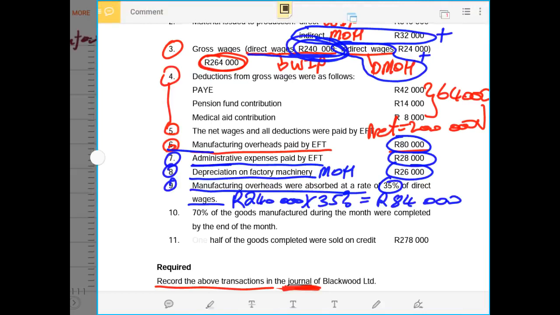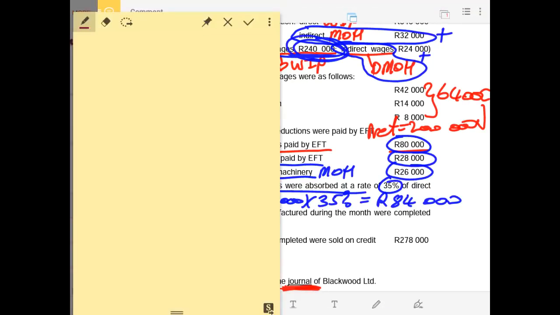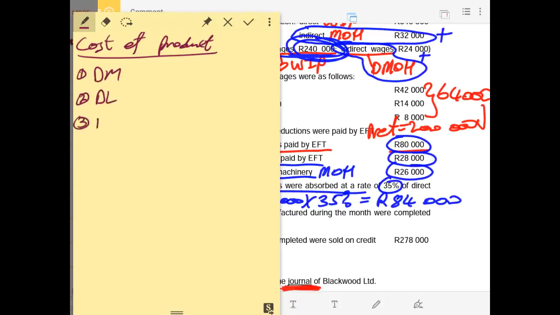So now in recording this, I just want to bring your attention once again. The cost of the product, if we are calculating cost of the product, it could be any product. If you are manufacturing a product, a cost must be made of direct material, it must be made of direct labor, and it must be made of applied manufacturing overheads.